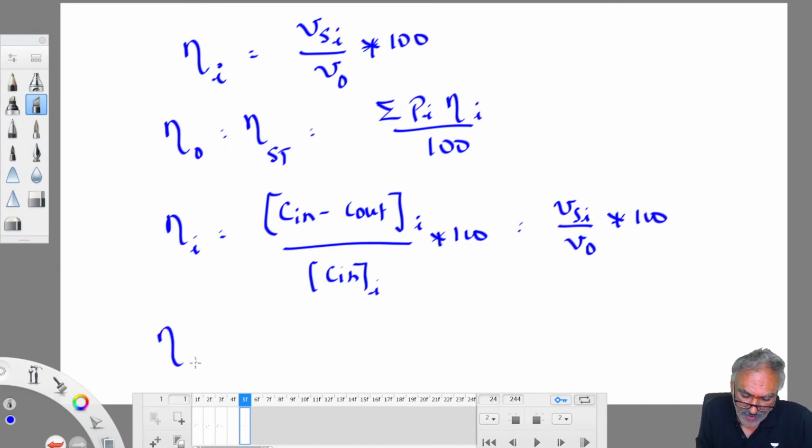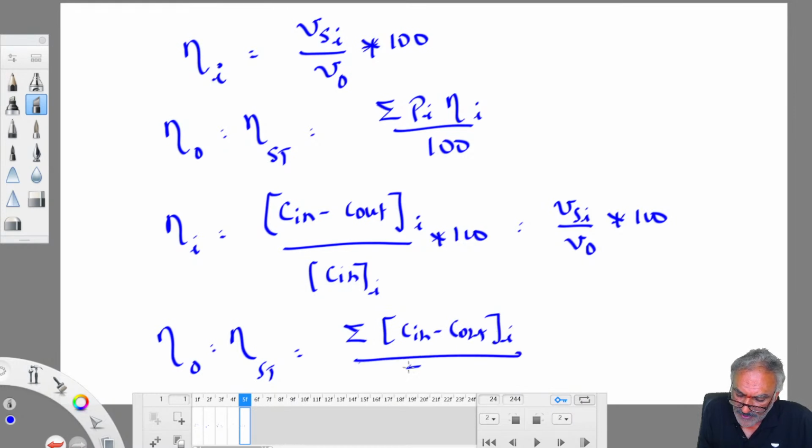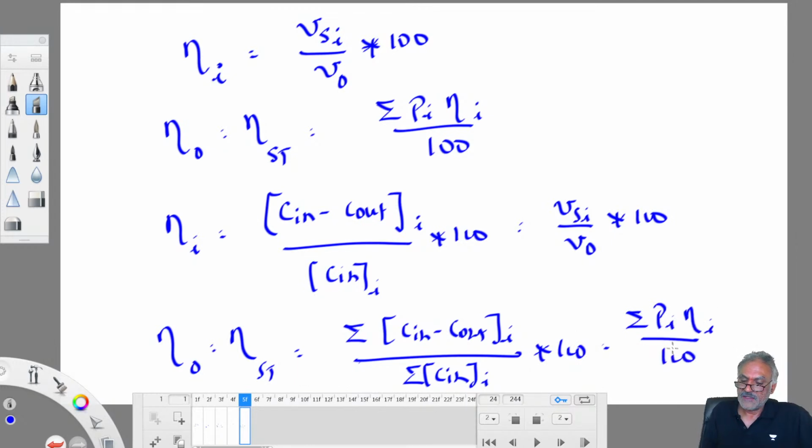Similarly, overall efficiency of the sedimentation tank is equal to sigma of C in minus C out of all particles, by sigma of C in of all particles, into 100, which can also be equated to sigma Pi into efficiency of the ith particle by 100. This way we can work out the things related to the sedimentation tank.